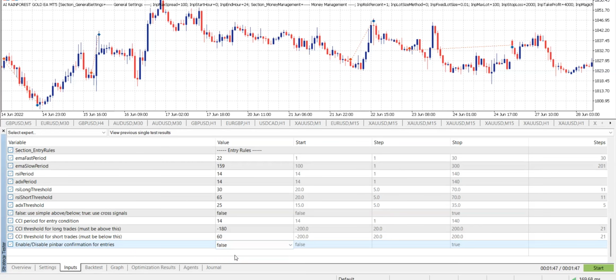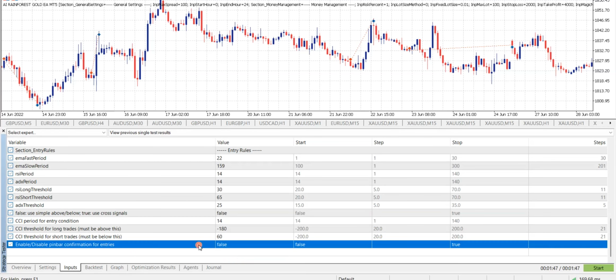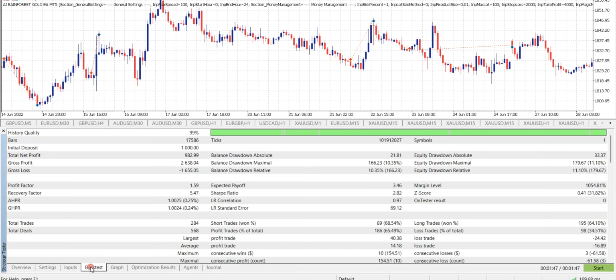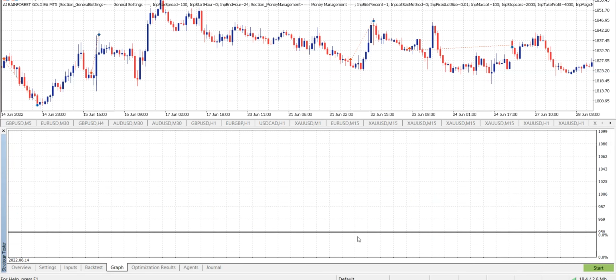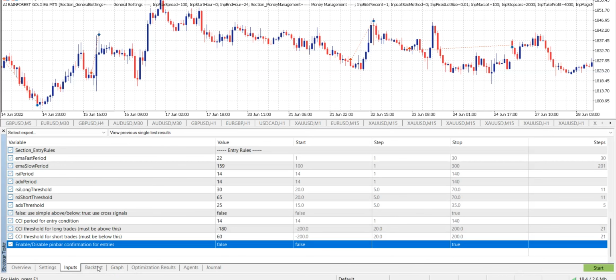And just for last, I want to check the difference between the EA with Pinbar and without Pinbar with this every tick based test. So yeah, just memorize the stuff. So yeah, now it's forced.